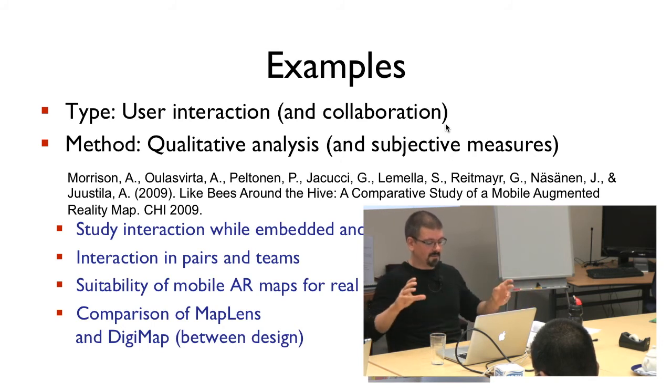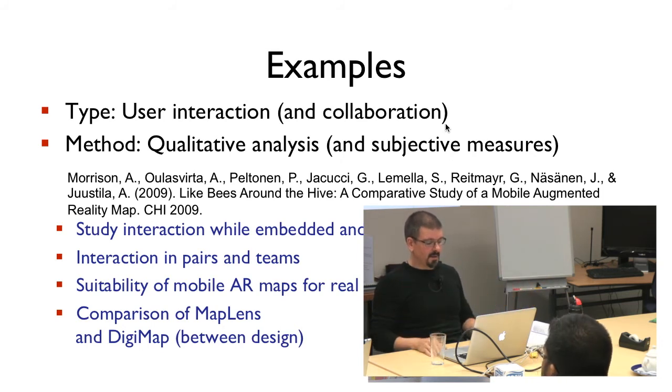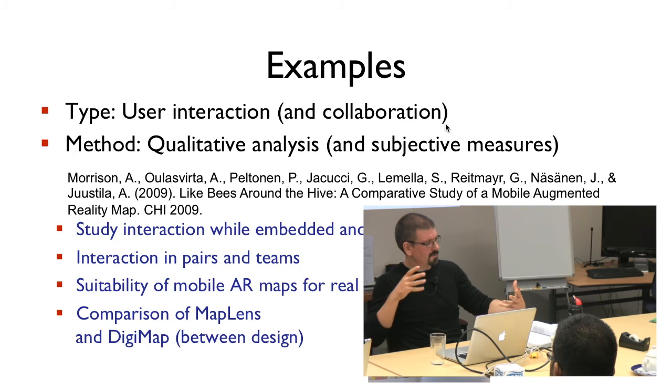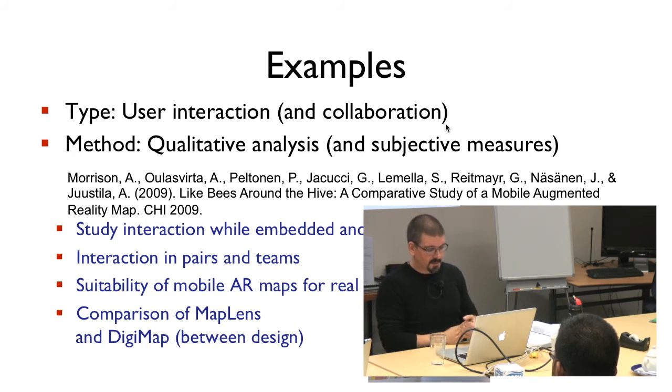They compared those 2 interfaces in a field study where they had groups of people using those interfaces in the field, and they had people running behind them with video cameras, where I had the pleasure to be one of the experimenters as well, and then used those video observations afterwards for analysis.